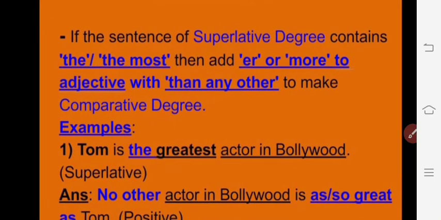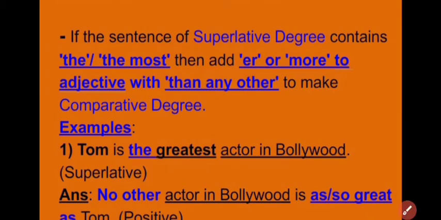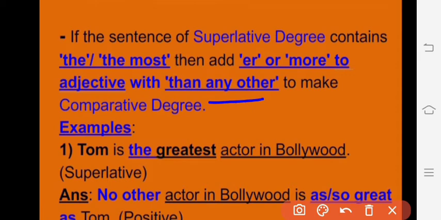Second, if you want to convert the superlative degree into comparative form, having the same words the and the most, then add er or more to the adjective with any other to make comparative. So if you want to convert superlative degree having the and the most, these are the words you have to remember.